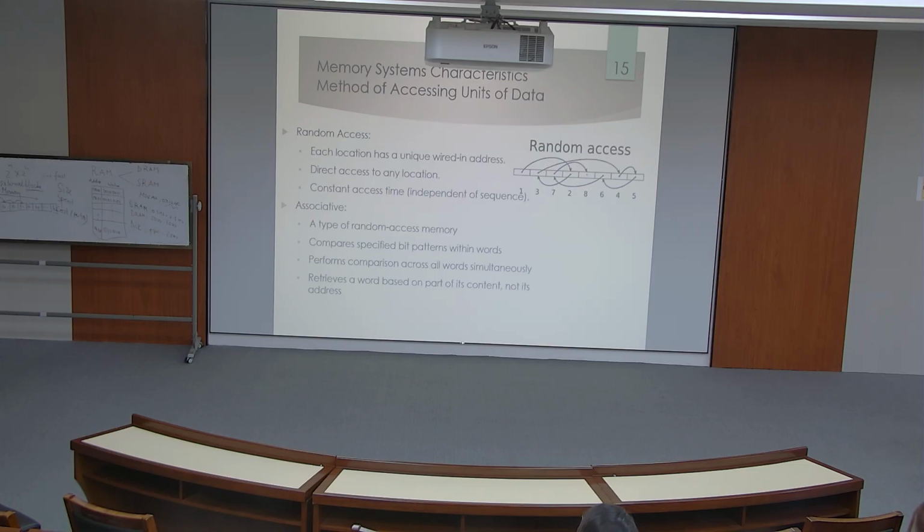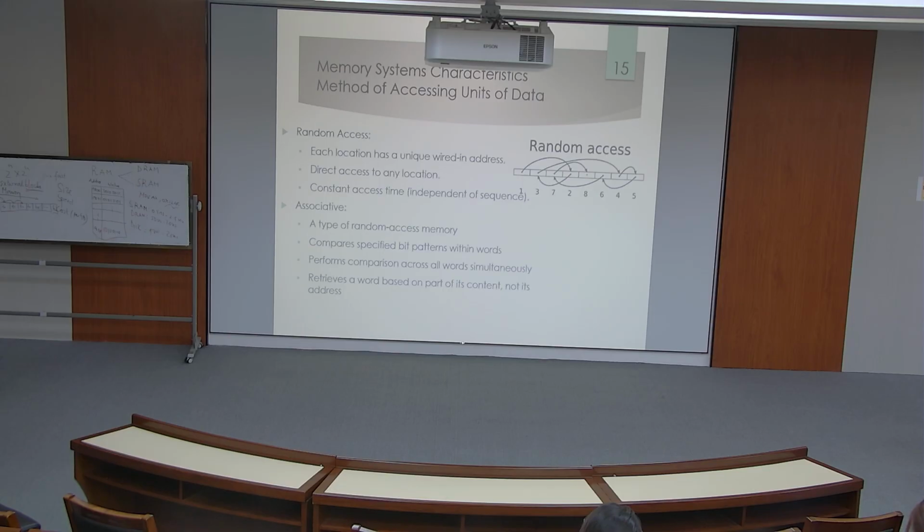We have constant access time, which means it is not linked to any sequence of access. So each location has a unique address, and there is direct access to any location without having access to the previous location.